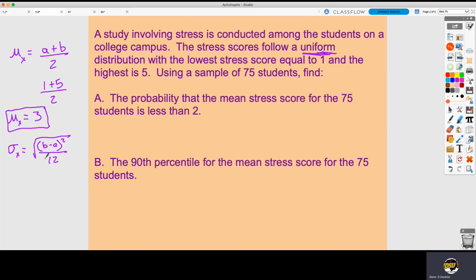It drives me nuts because it doesn't make sense to me, but the 12's in there. So, b and a again are 1 and 5. So we're going to throw those in there. So we've got (5 minus 1) squared divided by 12. That gives us a standard deviation of 1.15.